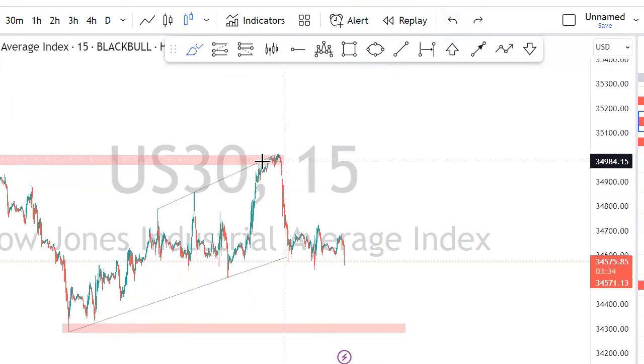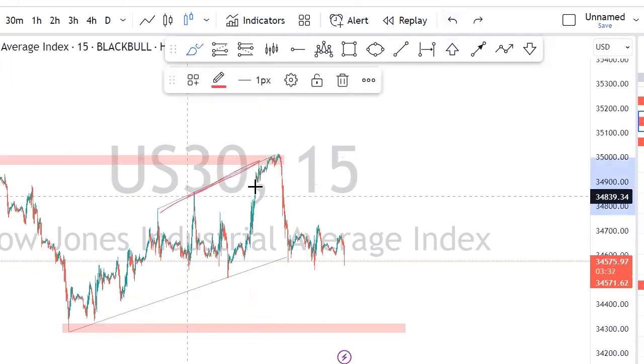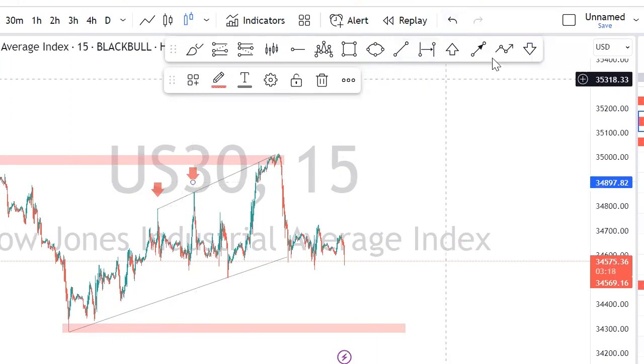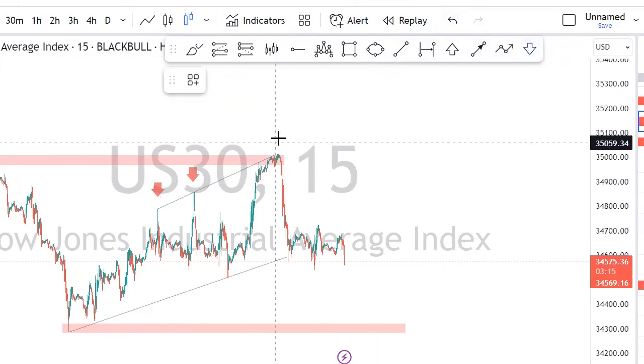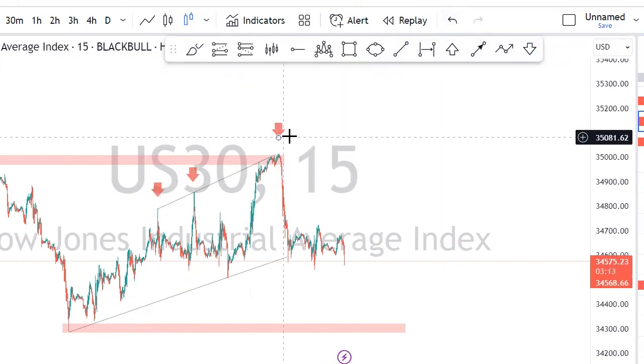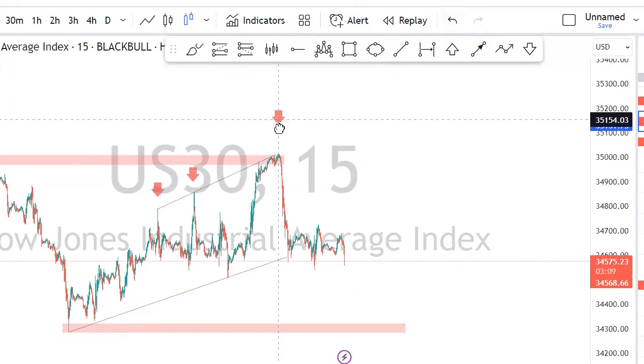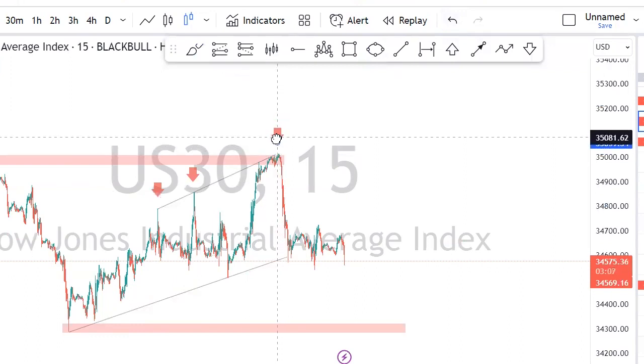So in this case, we focused on the resistance since we were selling this setup. And we need about 3 touches for us to have enough confirmation for the sell. This was our first touch. We have our second touch right there. Then lastly, our third touch, which has the highest probability. So this is the most important touch on our trend line.